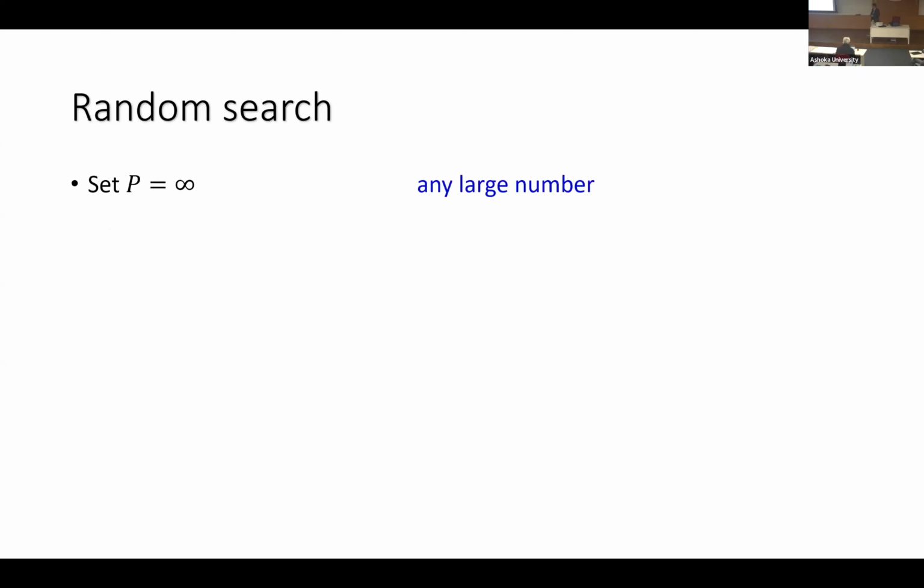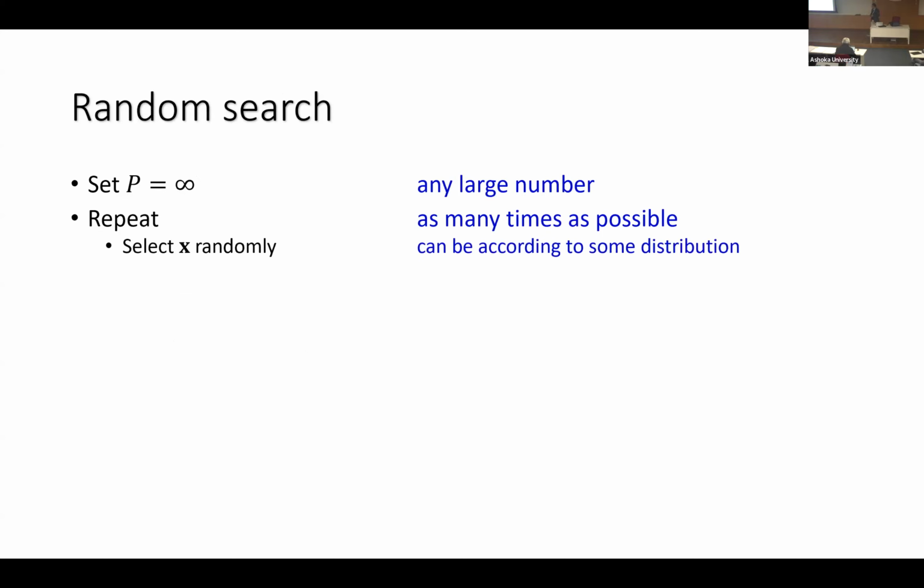Okay. So how does random search work? Just start with some infinity value. Repeat as many times as possible. Select a random value of x. Remember, our problem was minimize f of x.